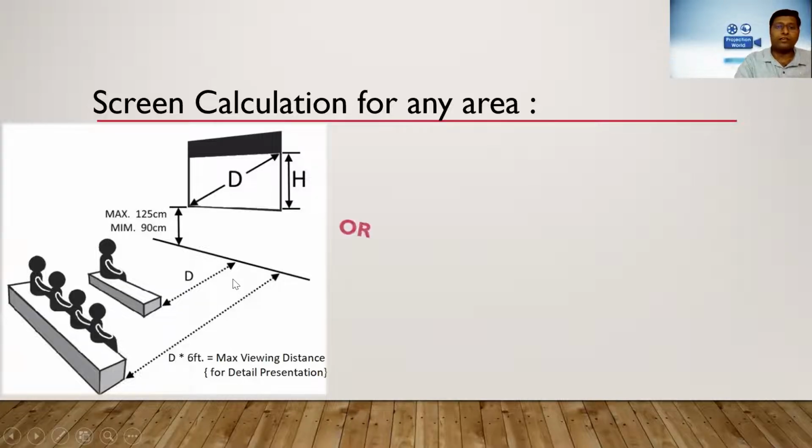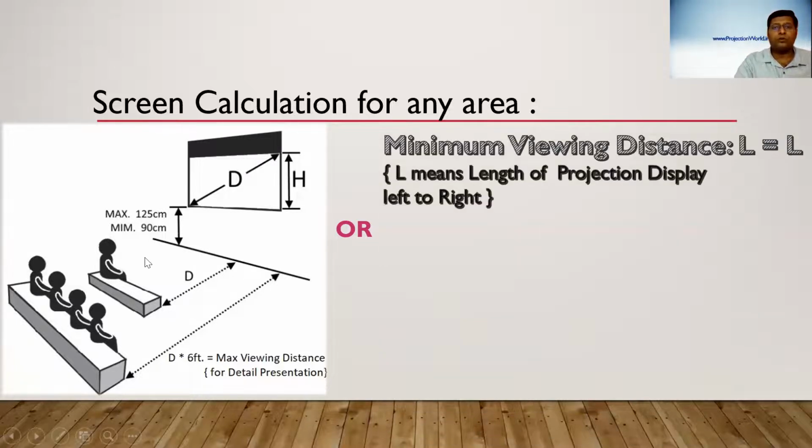Or else, if the projection is very huge, like in an auditorium, and you are not able to take the measurement of the diagonal size, you can use the length also.